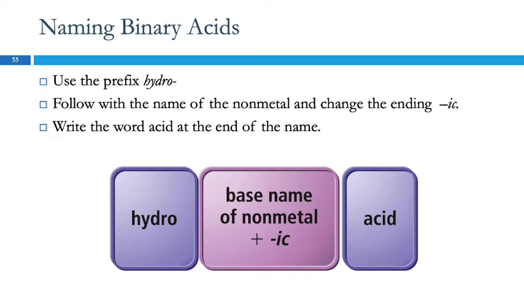So like HCl, well, we do hydro, and then Cl is chlorine, but here we're going to change the ending to ic, hydrochloric, and then the word acid is always at the end, hydrochloric acid. So any of those nonmetals, hydrophosphoric acid, hydrosulfuric acid, it's just all the same pattern.